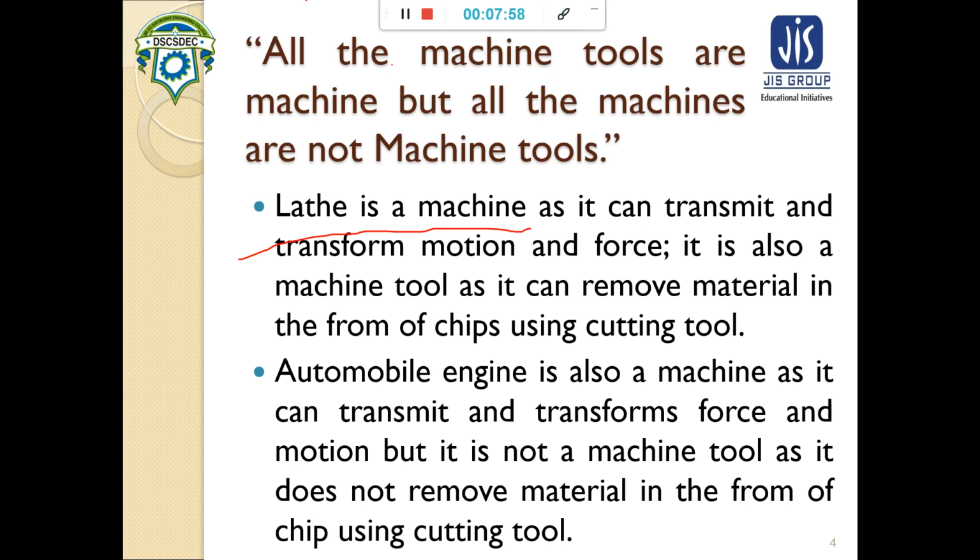An automobile engine is a machine, but it is not a machine tool because it does not remove any material from any workpiece. So it is known as a machine only. So as per the statement, all machine tools are machines, but all machines are not machine tools. This is absolutely correct.